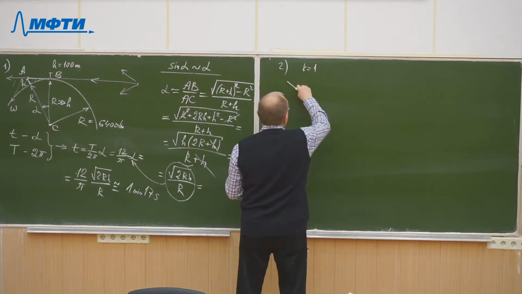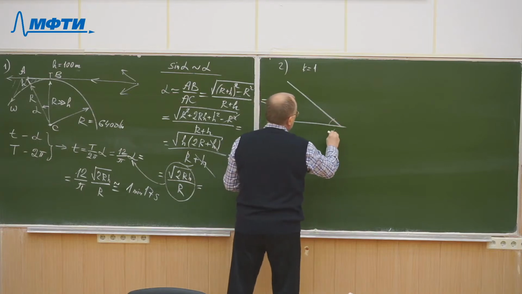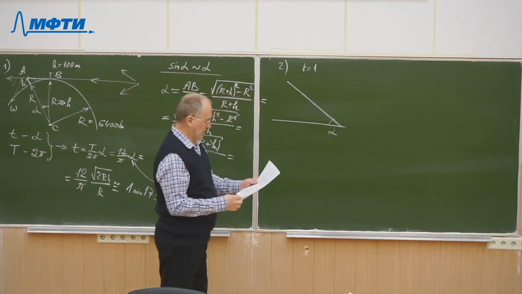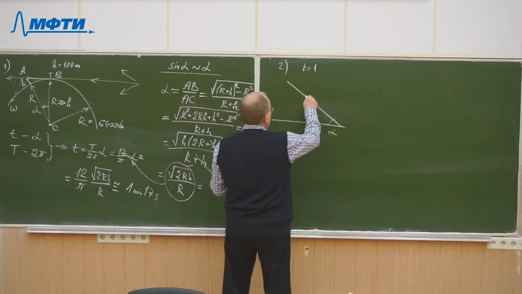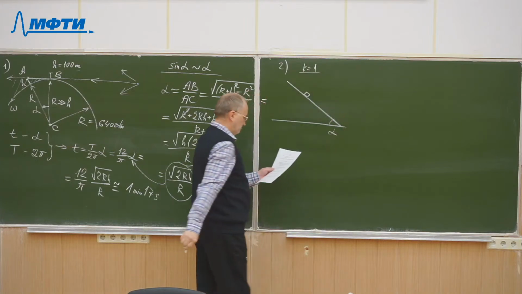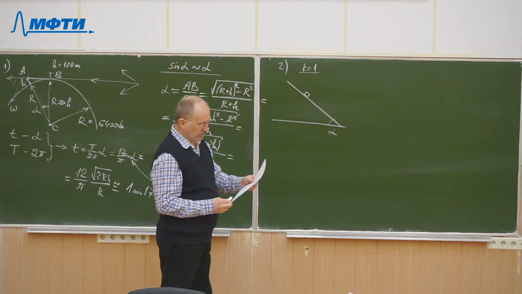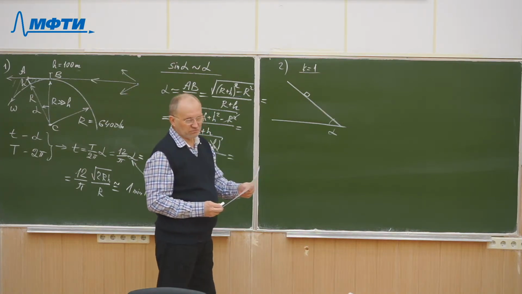So what we have here is an inclined surface or a slope, angle alpha, and the bar of mass m is here, and the coefficient of friction is given. And the question is, what horizontal force should be applied to the bar so that it does not move?